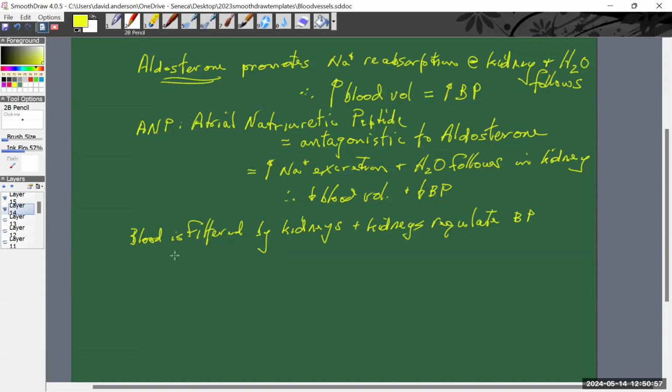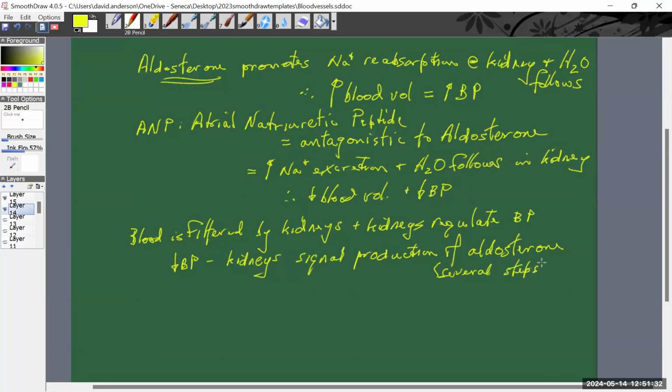Okay, so our stimulus here, if blood pressure is low, the kidneys signal production of a hormone called aldosterone. Okay, now this takes several steps, which we'll talk about when we do the endocrine system.